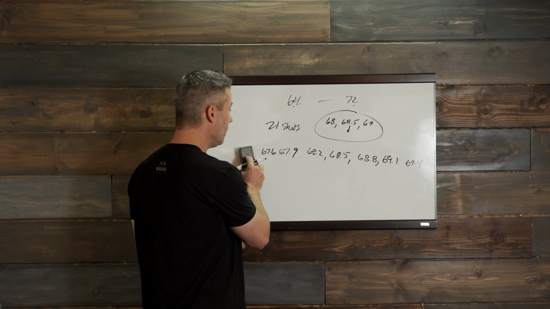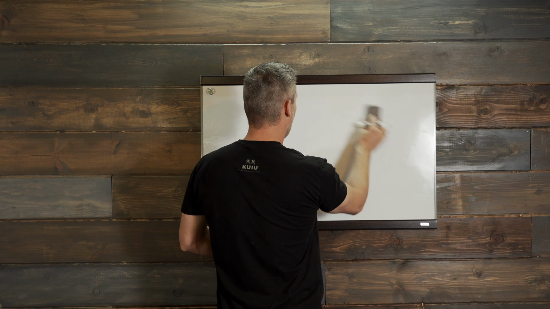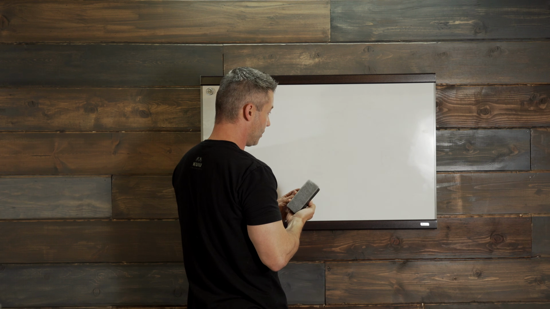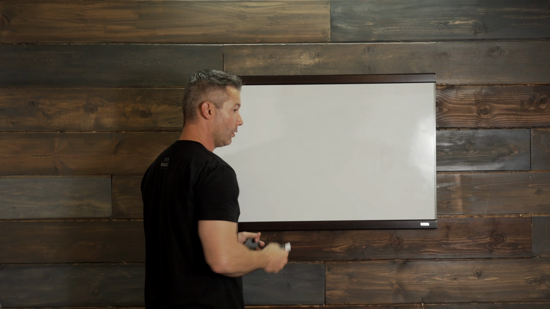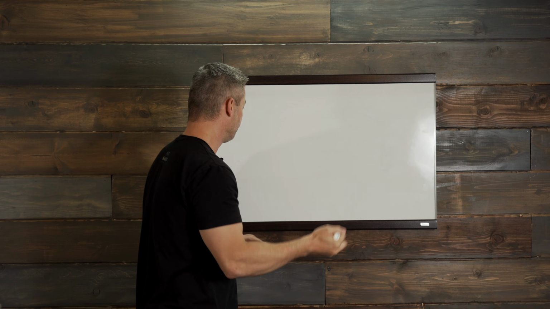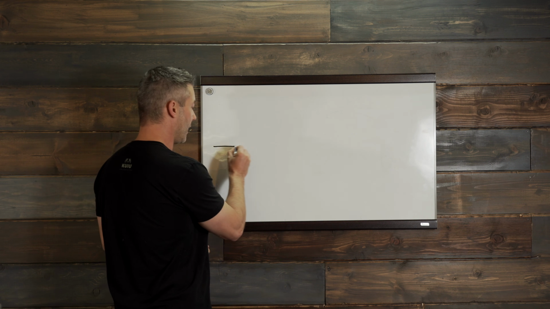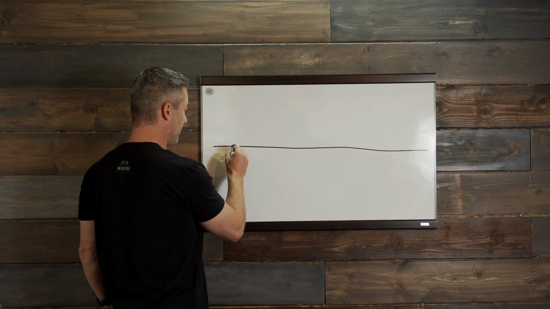So now we've loaded all those up, and I'm going to demonstrate on here what we're looking at, what we're looking for, and what we're trying to accomplish. So I'm just going to draw a line across here to demonstrate. And this is going to be exaggerated.